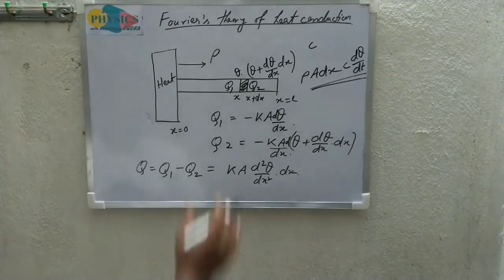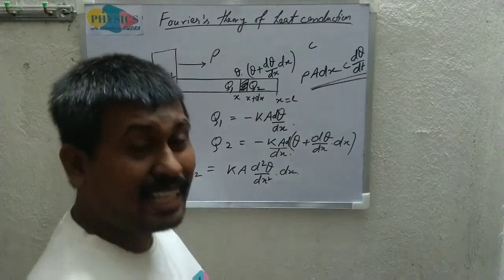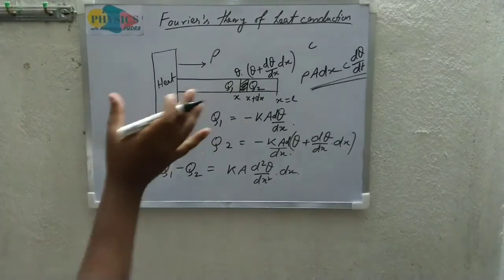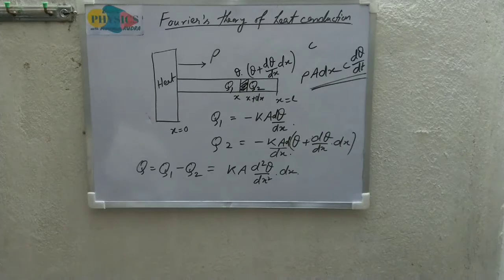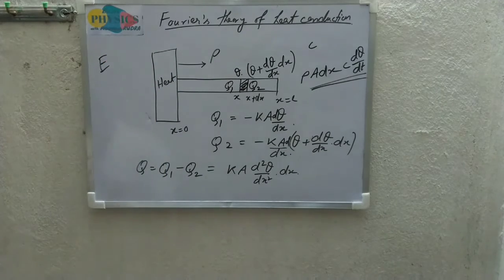For this process we only considered conduction, but there is also radiation. If the radiation process is also there, then E is the emissive power of this surface, P is the sectional perimeter, and theta is the excess temperature.